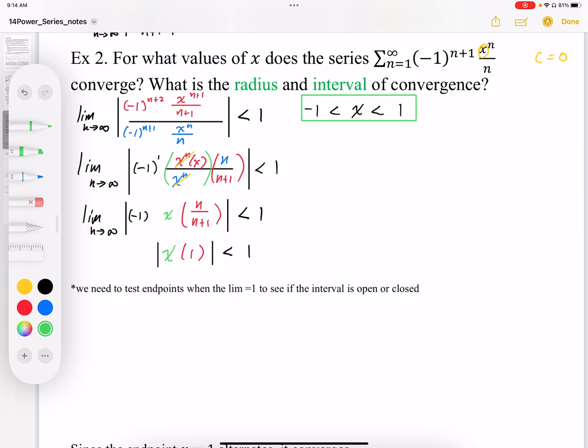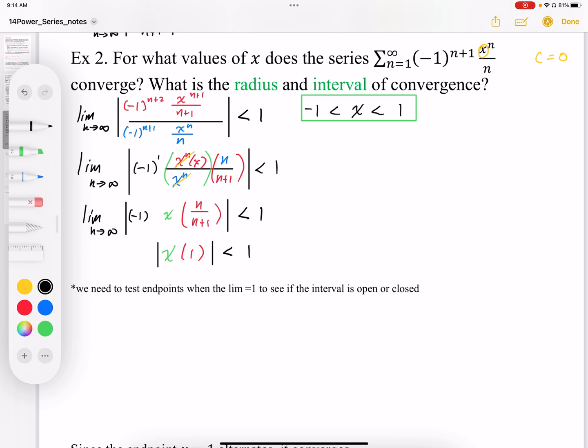from my ratio test. Okay, the center is at 0. So if we want to talk about the interval, our interval is centered at 0, radius goes 1 to the right, 1 to the left. We've established this part of the interval so far. We now have to test the endpoints. So when I look at this, I'm just going to again show that I have it centered at 0.